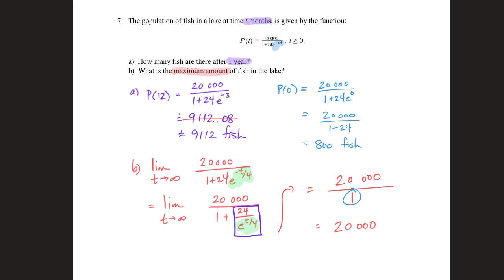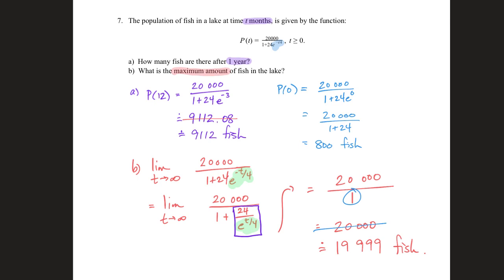Now, in the past, that hasn't mattered because we didn't have any inherent rounding rules. But now we do. I can't have parts of a fish. So I never get to the 20,000th fish. And instead, my population is going to be 19,999 fish. And there we go.